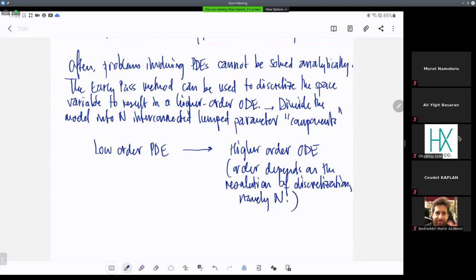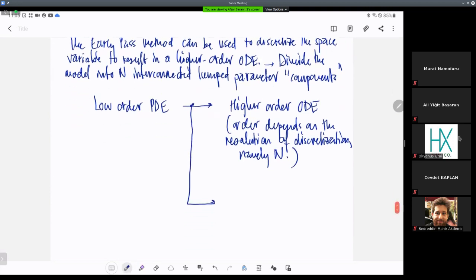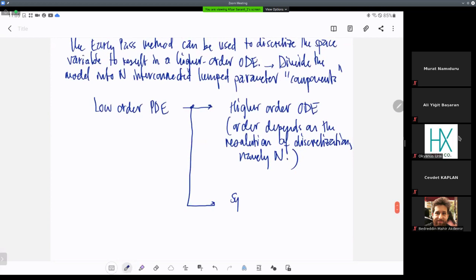It really depends on what you choose as your n variable. Also, you can obtain a system of interconnected first order ordinary differential equations. That is what we call the state space model.